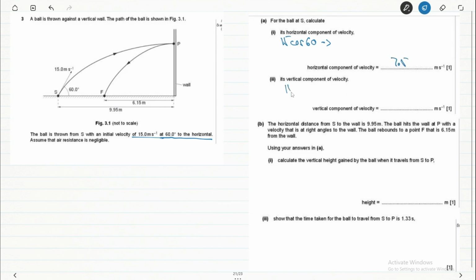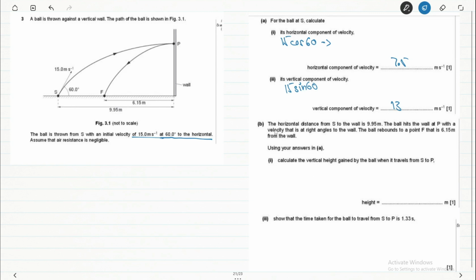And the vertical component is 15 sine 60, which is 13. Now, the horizontal distance from S to the wall is 9.95.